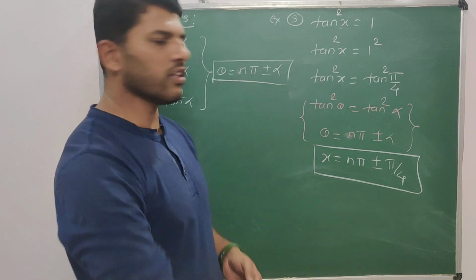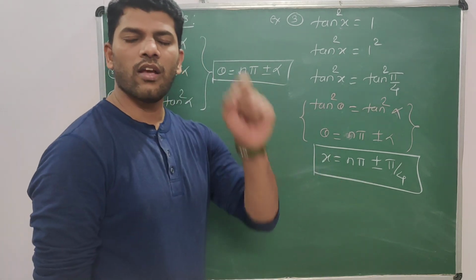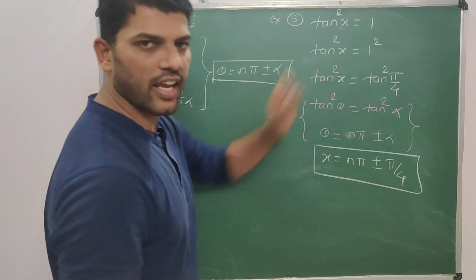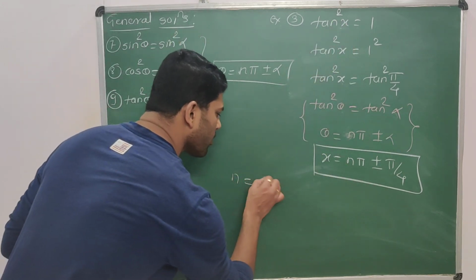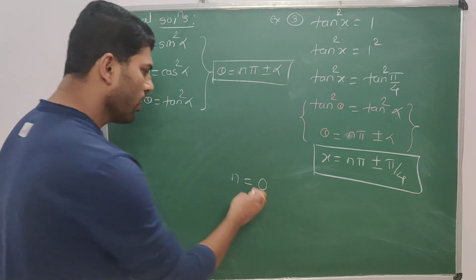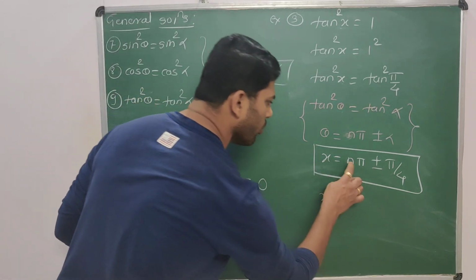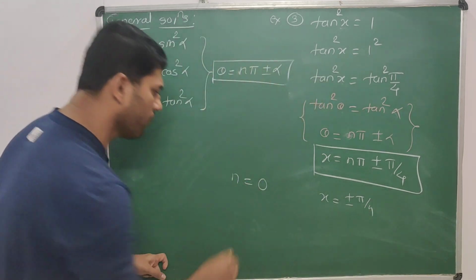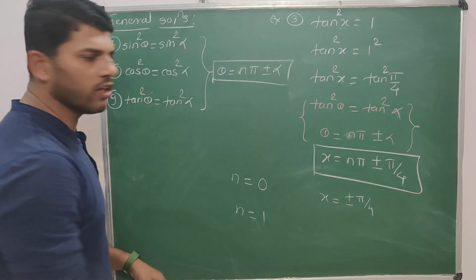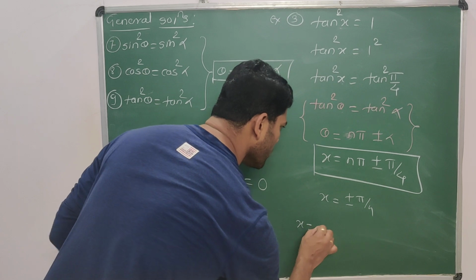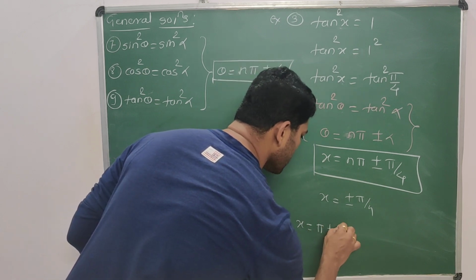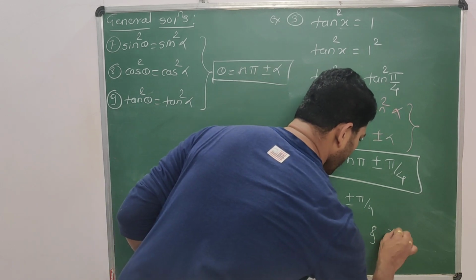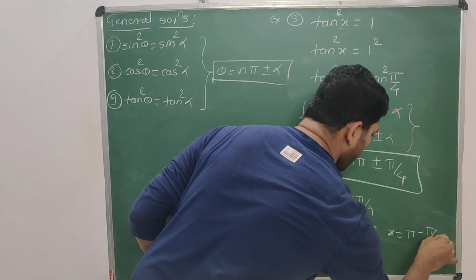And one important thing, this is the general solution, but how will you obtain the various values of x or this angle? For that, simply substitute the various values of n. If you substitute n equal to 0 here, you will get the first answer plus minus pi by 4. If you substitute n equal to 1, there may be two possibilities, pi plus pi by 4 and pi minus pi by 4, right?